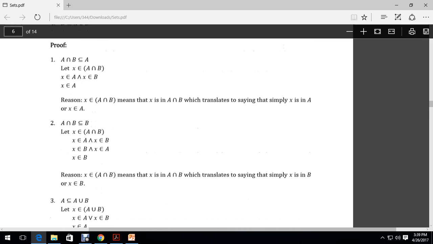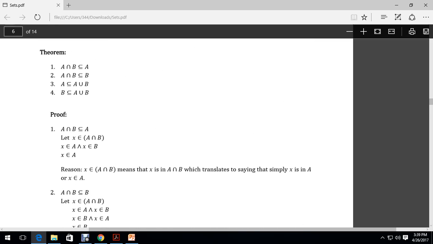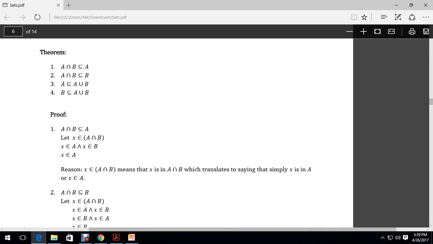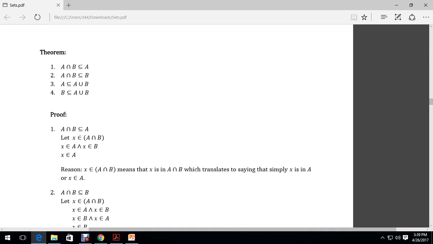Okay, so again, for discussion purposes, we just take note of the following theorems, and perhaps in the future, if we are able to make use of these theorems in order to simplify sets, or in order to understand sets and set operations, we need not actually create a proof just to prove that these statements are true.